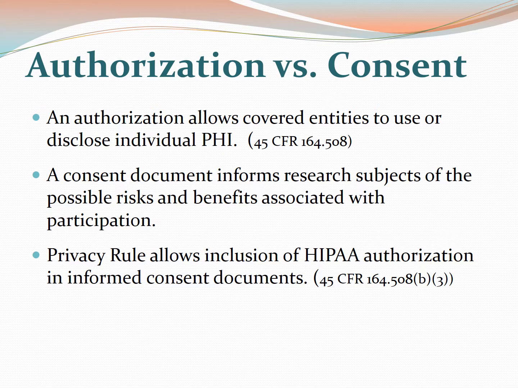So you could include that HIPAA authorization in the consent document, because in all honesty, if a participant does not allow the HIPAA authorization, they really can't participate in the clinical research.